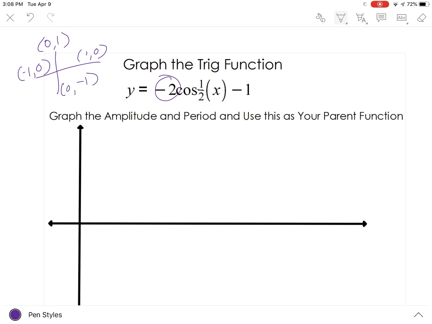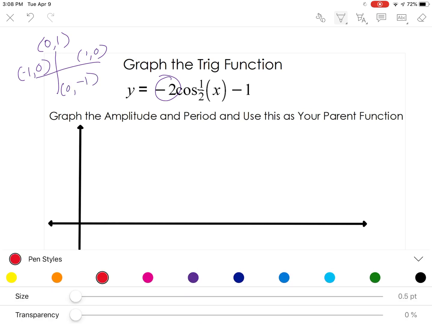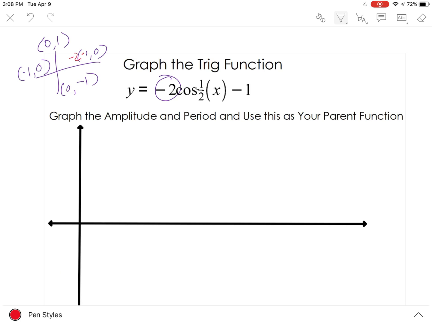And I'm going to multiply all of those by a negative 2. So that would be -2, 0, +2, 0. Okay, period: 2 pi over 1/2. My period is going to be 4 pi. Where did the 1/2 come from? It's that number in front of x.